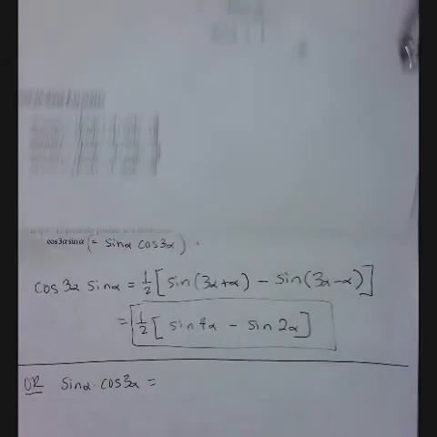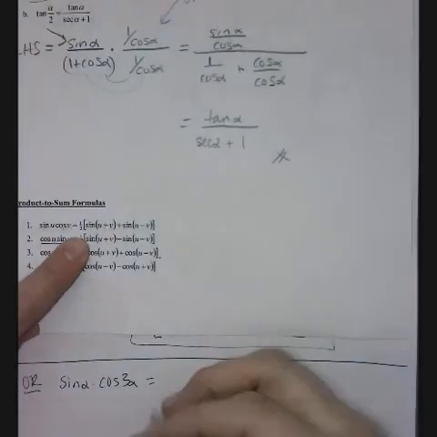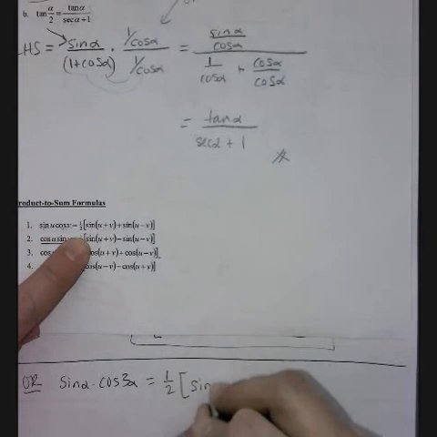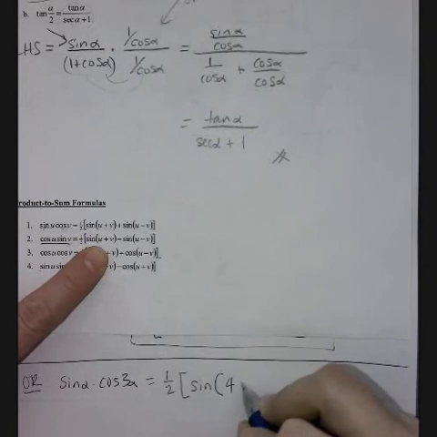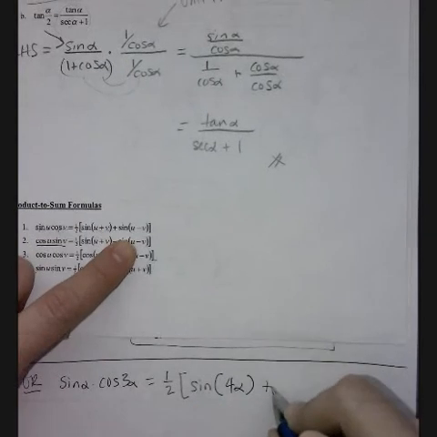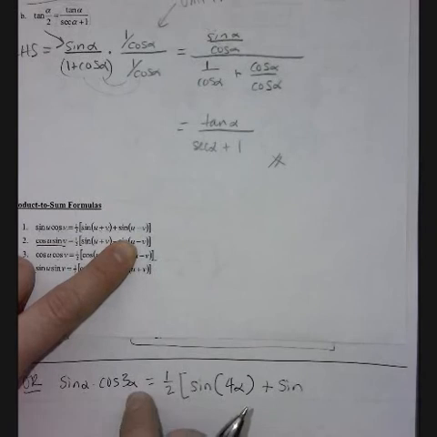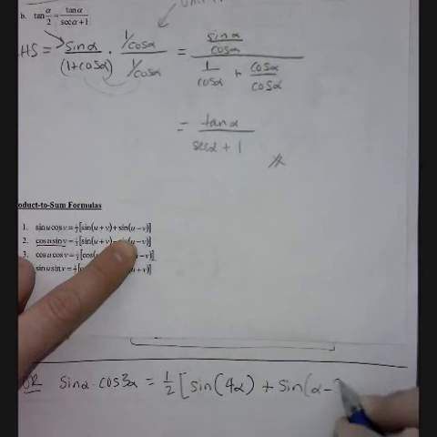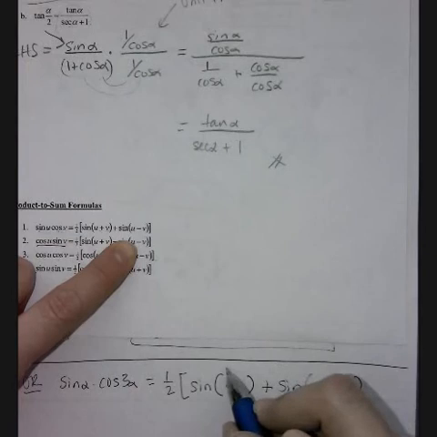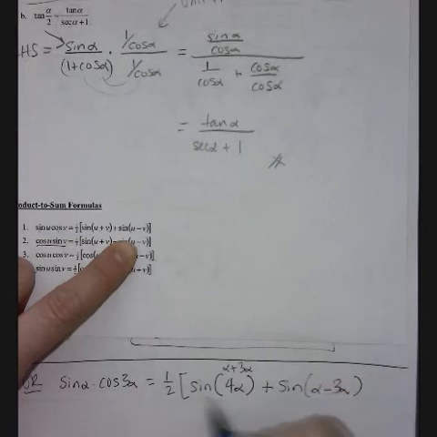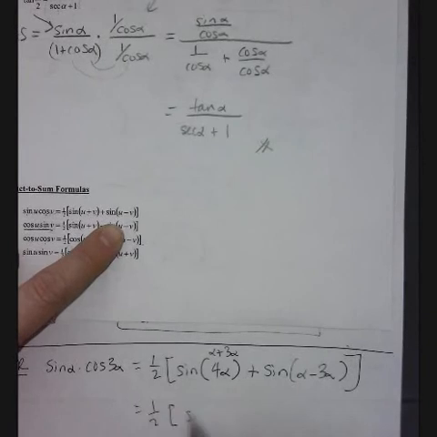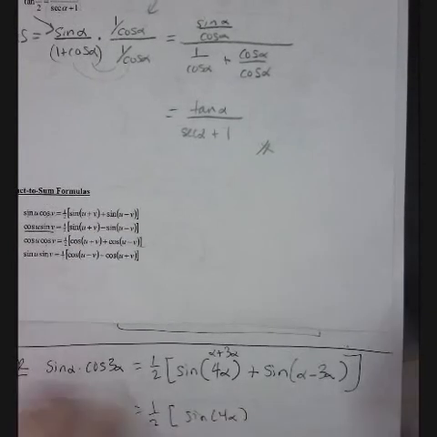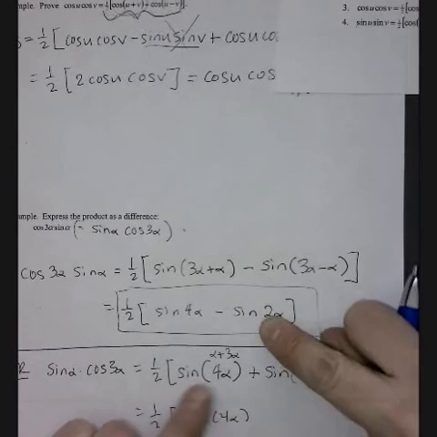We get 1/2 times the sine of alpha plus 3 alpha, which is 4 alpha, plus the sine of alpha minus 3 alpha. I should have written down alpha plus 3 alpha in there, but that's 4 alpha. So see what happens. So you get sine of 4 alpha. It looks different, but notice that this is negative 2 alpha.